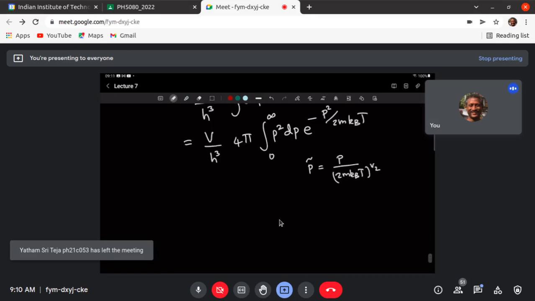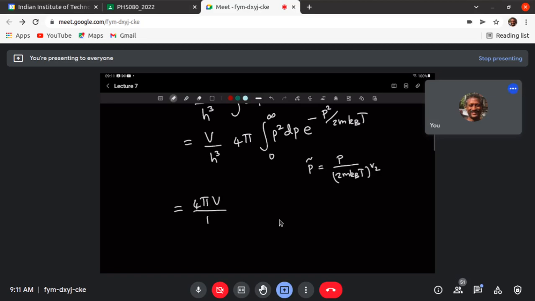If we do that, we get 4 pi V by h cubed, and from the measure we get (2m kbT) to the power 3 half times the integral 0 to infinity p tilde square dp tilde e to the power minus p tilde square.